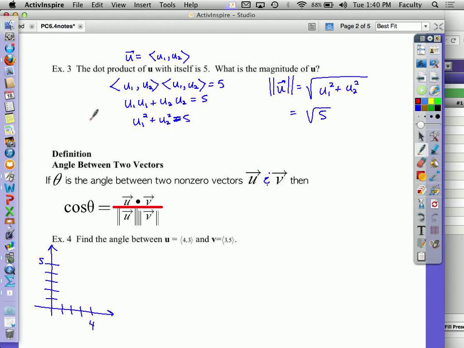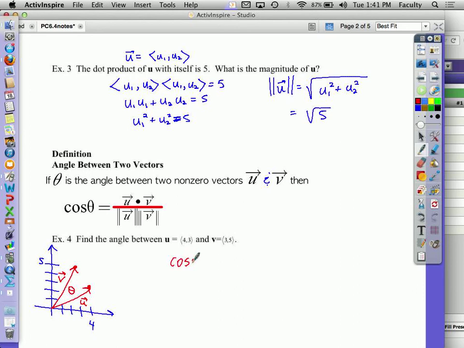I have 4 comma 3, so that's vector u, and then I have 3 comma 5. Remember, that's component form. And so what I'm talking about is I'm trying to find the angle in between the two vectors. That's actually what I'm trying to accomplish.